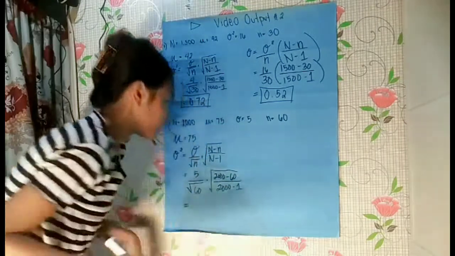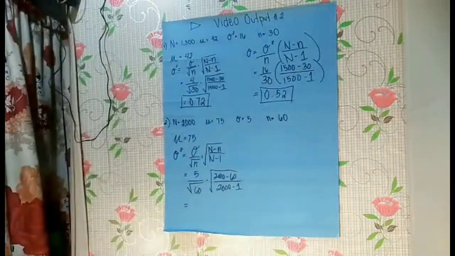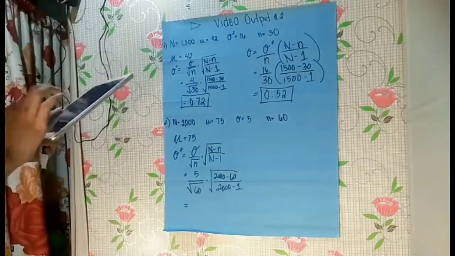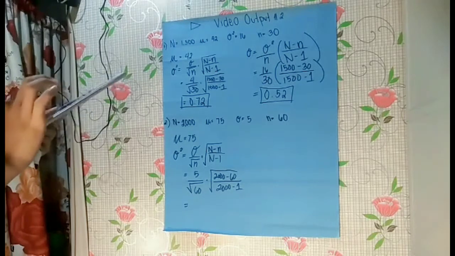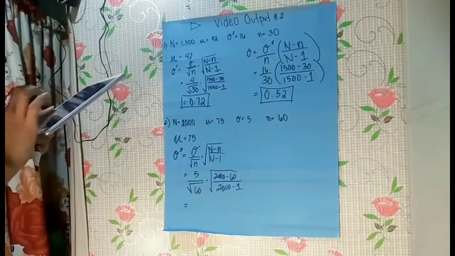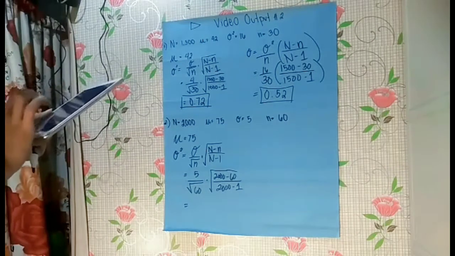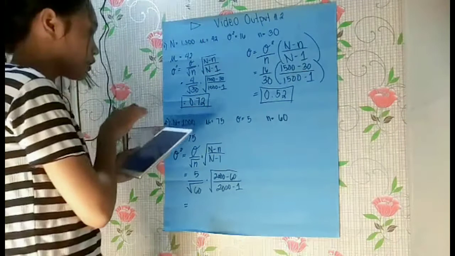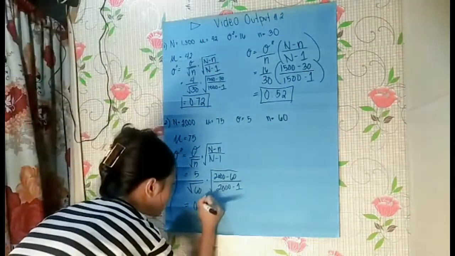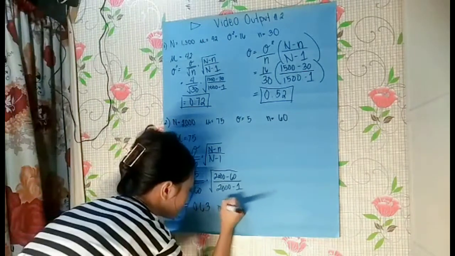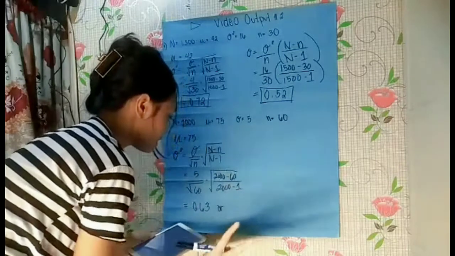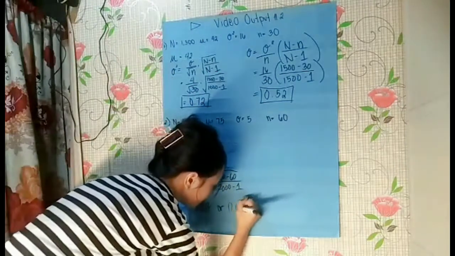Let us get our calculator. It says that it is 0.63, or if you round it to the nearest two decimal places, it will be 0.64.